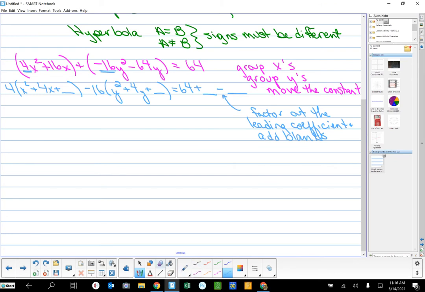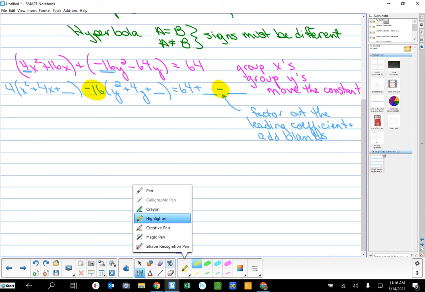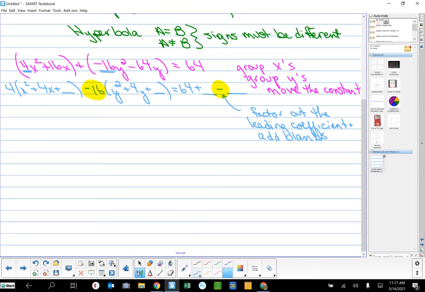And make sure that this second blank is a minus a blank because of this negative that's being pulled out. And it's possible that if your first coefficient, the x squared, is negative, it might be this first one that's going to be negative. But one of these blanks is going to be negative and one's going to be positive on the right-hand side. Okay, that is always going to happen.